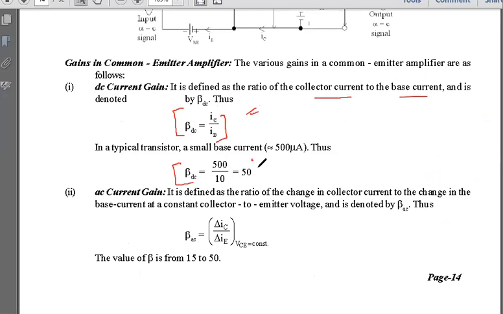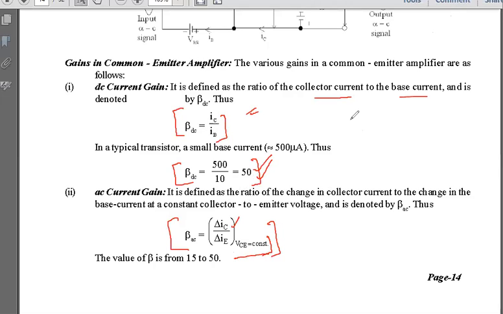But when you talk about the change in current, the ratio of change in current with VC constant, you have to keep VC constant, then that is called AC current gain. Now you use beta for both, but this beta may be different because of this change. So I can say that this is the maximum value and this is the value which may be less than this. Okay. Got it, everyone? Tell me yes or no.